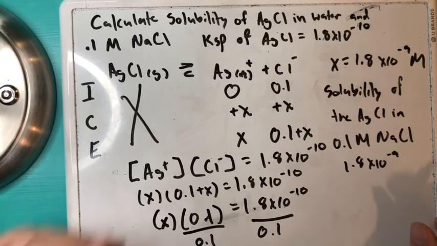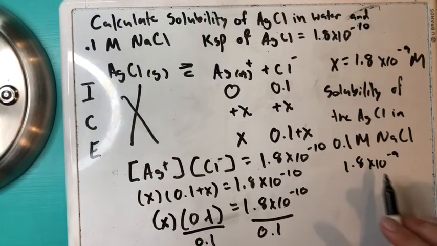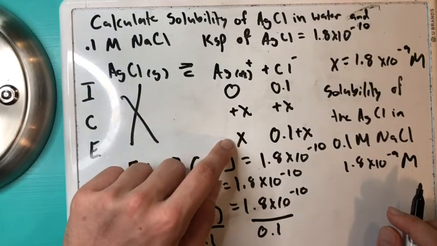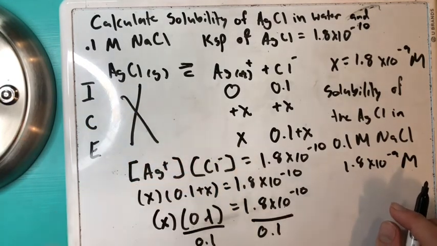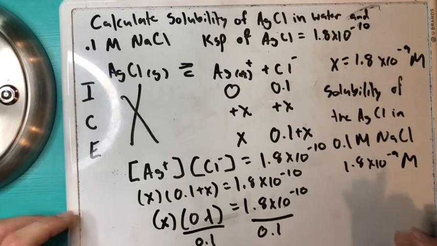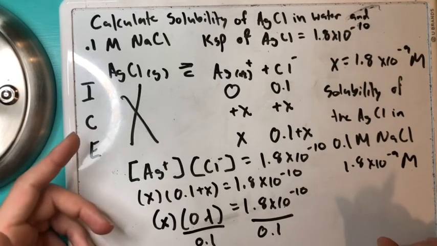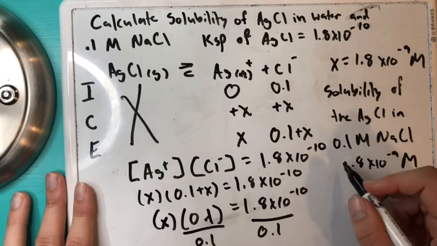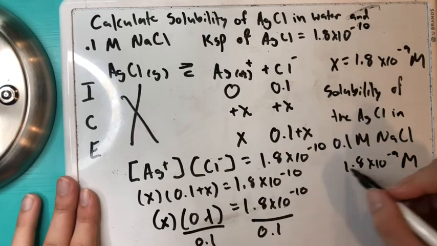Again, the reason for this is 1.8 times 10 to the negative ninth molar is how much the Ag ion gained. So that'll be the same as what the silver chloride lost, and that is the solubility of AgCl in NaCl.